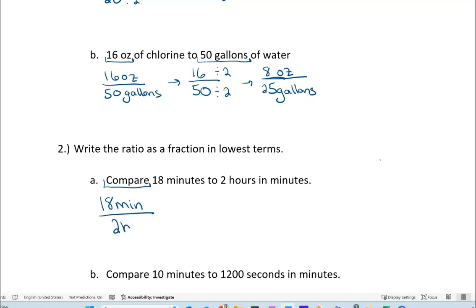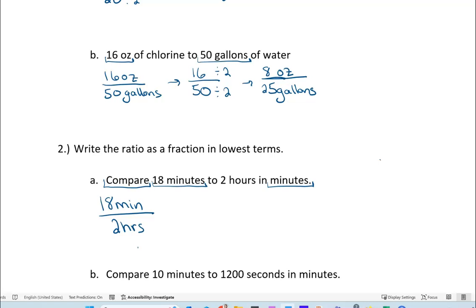over 2 hours. Now, here we're comparing 18 minutes to ultimately minutes. So we don't have the correct units for everything. We're starting with minutes and hours, but we need to end with minutes and minutes.